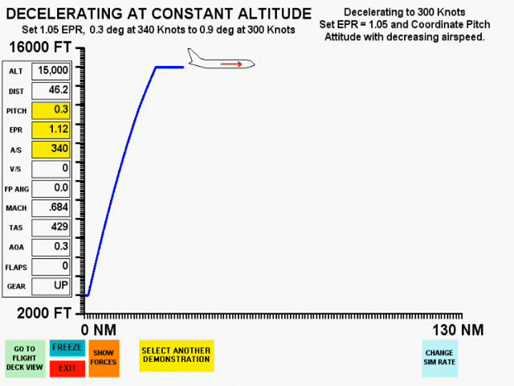Now we will decelerate to 300 knots. We first set the EPR to 1.05 and then coordinate a pitch increase with decreasing speed.